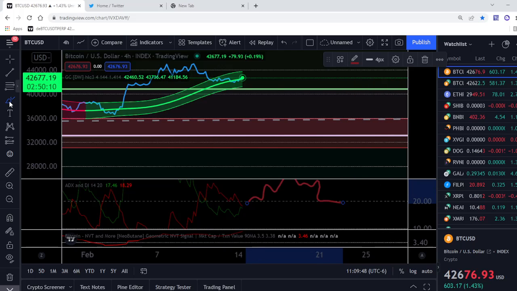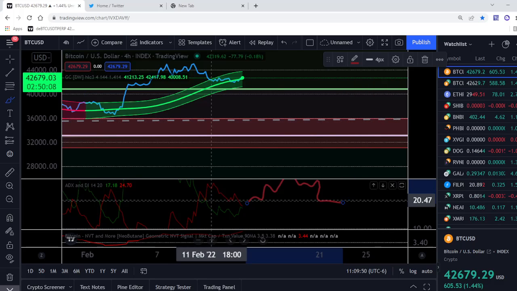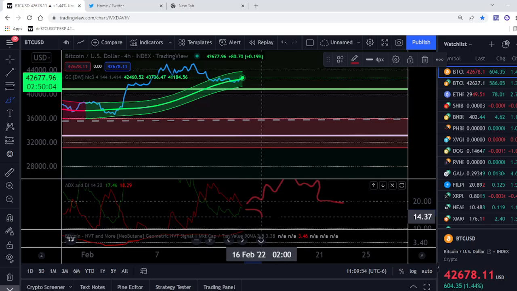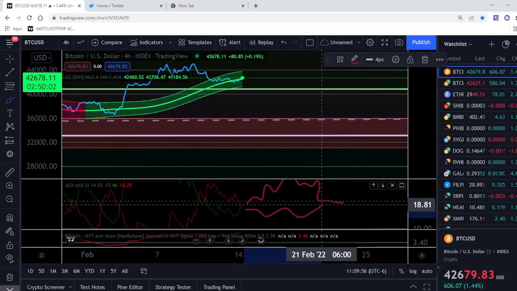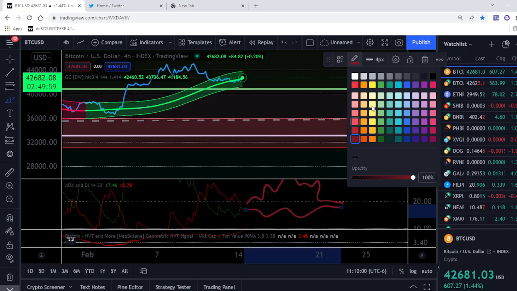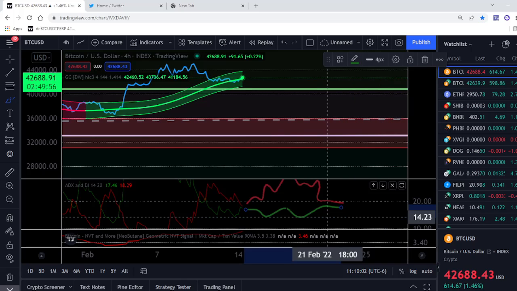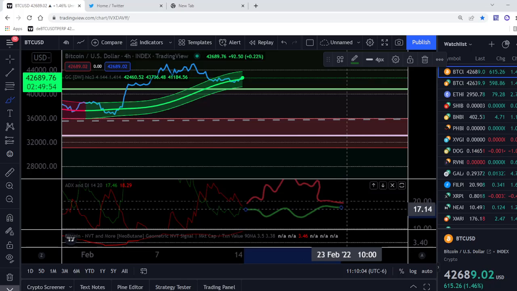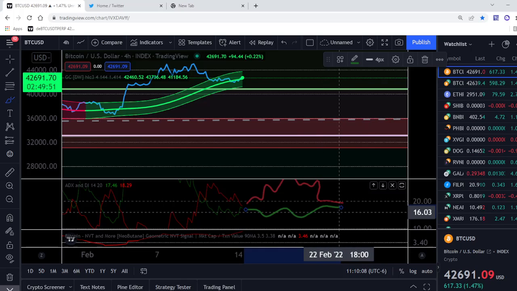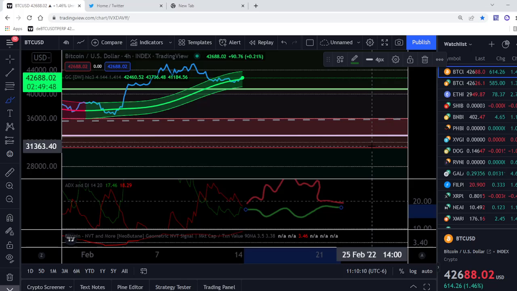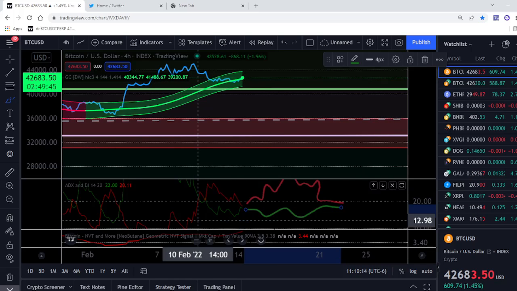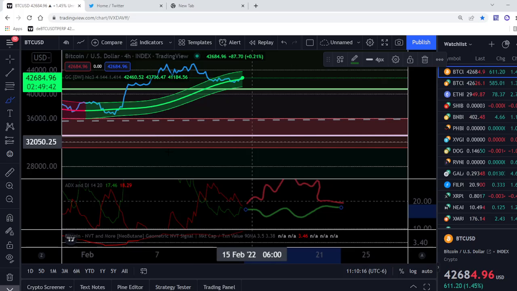And our green could follow with something like that. And then at the end of this phase or wave, the green may cross over and the green becomes dominant. But what all this is saying is that we're due for a dump.